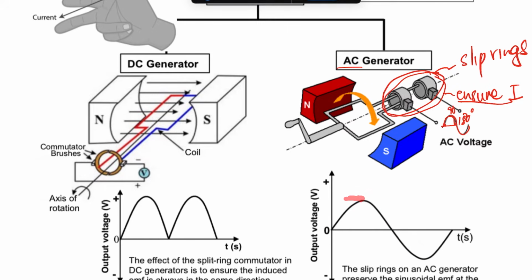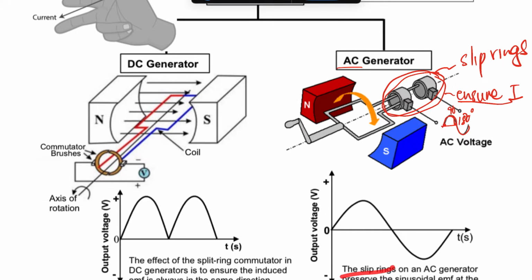This value is positive and this value is negative. So the voltage or the EMF induced varies between 0 and the maximum, 0, and the negative maximum, and 0, right? This is a full cycle in terms of the current that is produced.